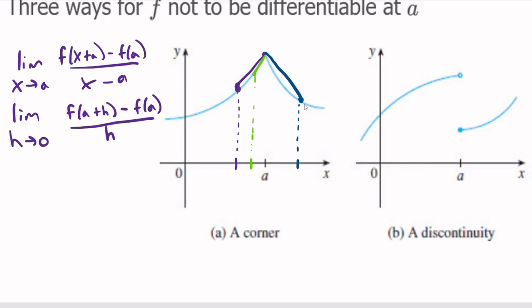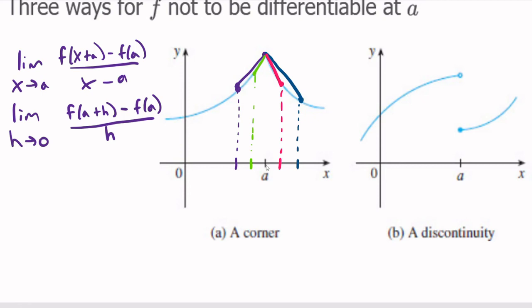So this average rate of change, which remember is what this inside is, is negative over here, but over there it's positive. If I was to start looking at this in a table, let me do one more so you can keep seeing the pattern. If I was to start looking at this in a table, you're going to notice that I've got a bunch of positive and increasing average rates of change as I get closer to a from the left.